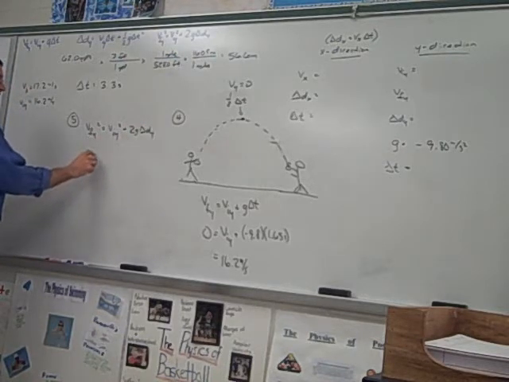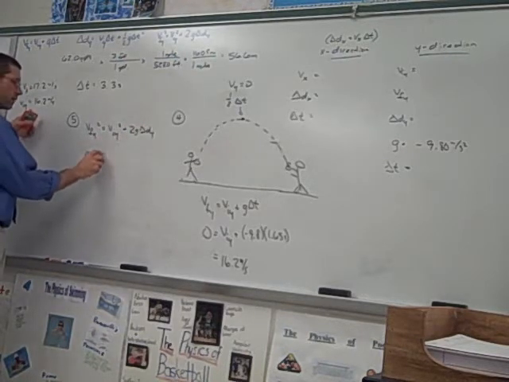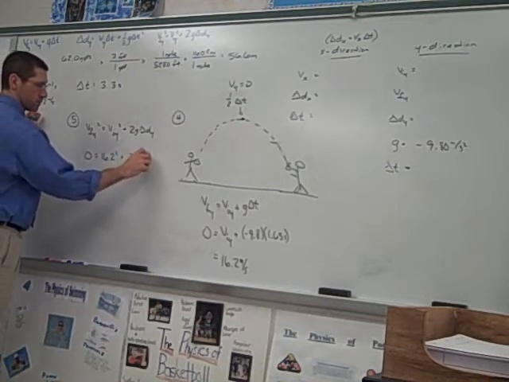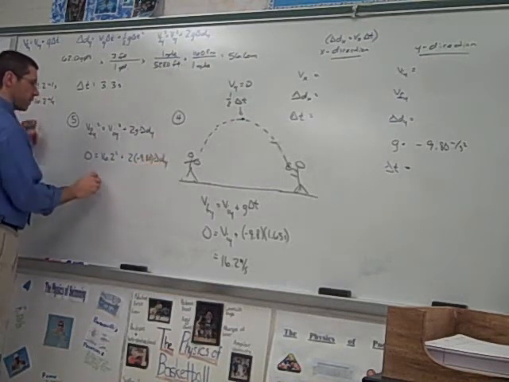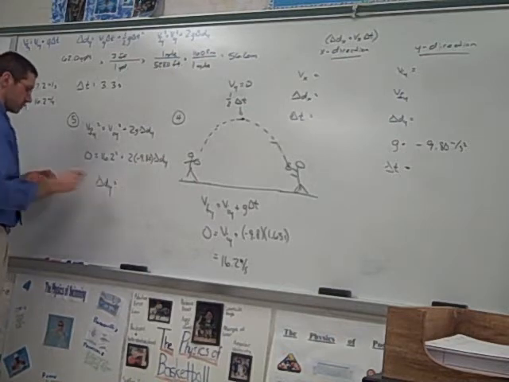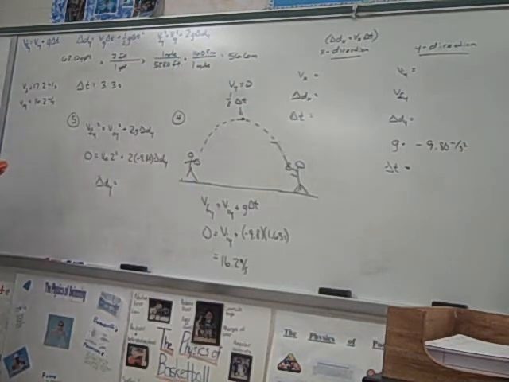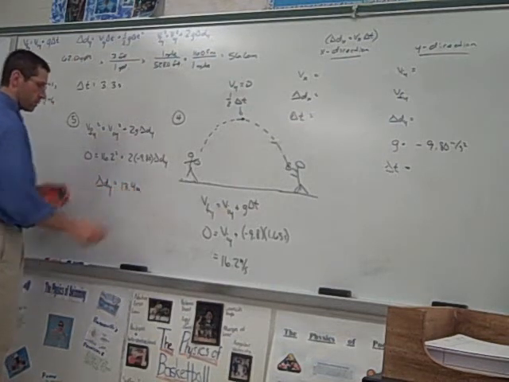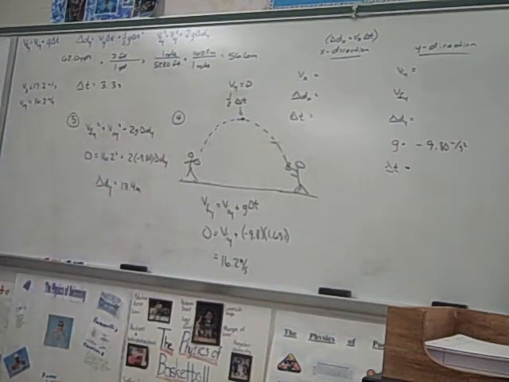I'll make this 0, and then we'll use the VIY we got. Solve for delta dy. So your max height is about 13.4 meters. So that's our max height. Now we don't actually need that information for number 6, but it was just something we could calculate.